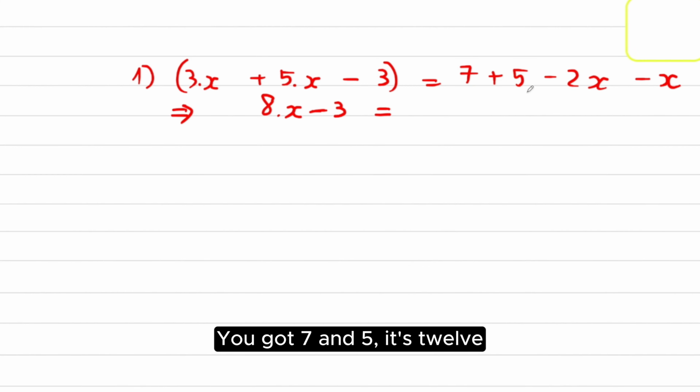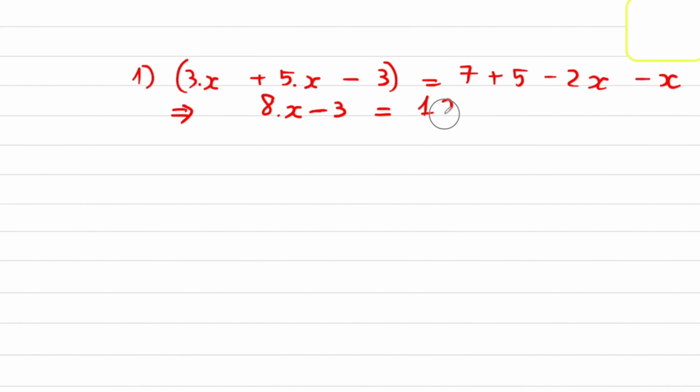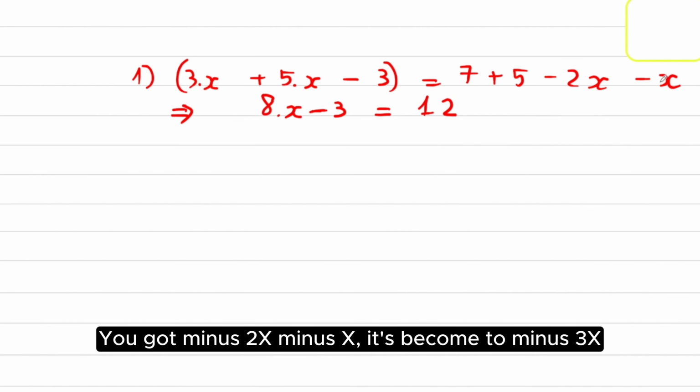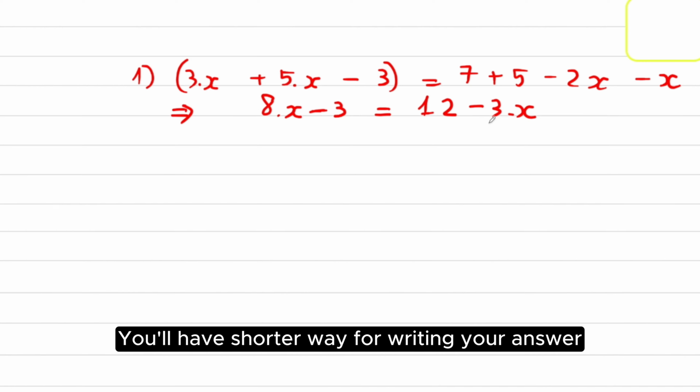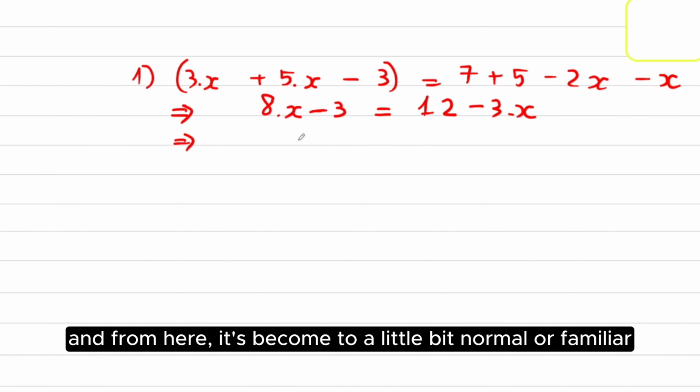The same thing for the other side. You have 7 and 5, that's 12. You have -2x - x, which becomes -3x. So from this expression, you have a shortened way of writing it, and from here it becomes a little more familiar.